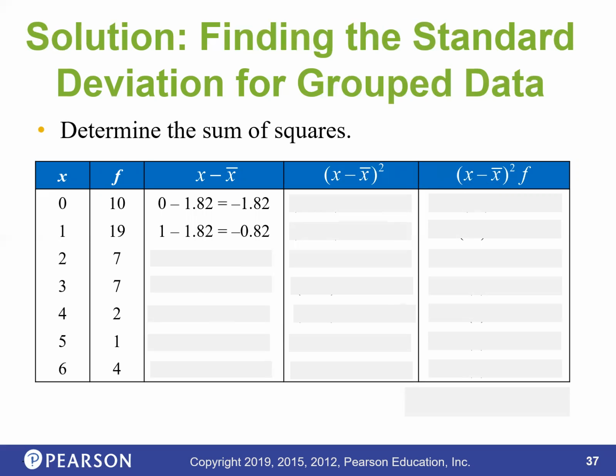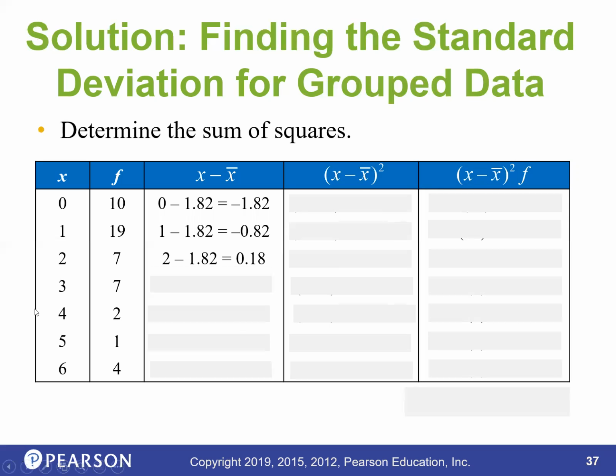2 minus 1.82, and what would that be? It's a tricky question, absolutely. Punch it in the calculator, see what we get. 0.18 is fine by me. Okay, the rest of it, you guys should see the pattern here. Notice we're just going up by 1 each time.